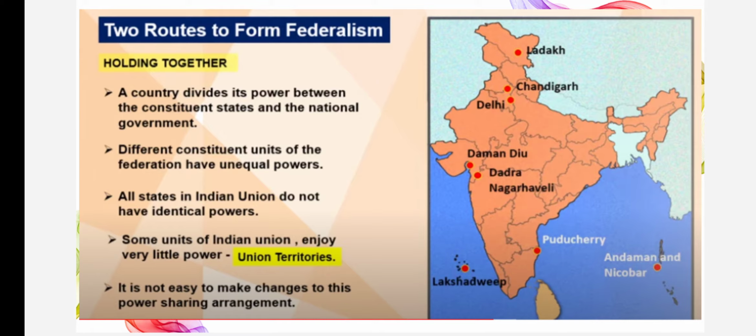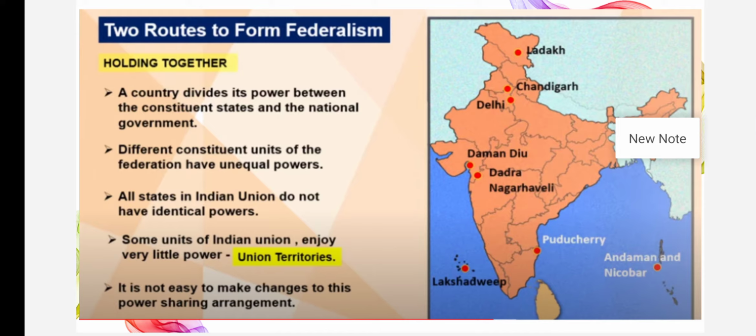Children, we have seen that a country divides its power between the constituent states and the national government. Different constituent units of the federation have unequal powers, and all the states in the Indian Union do not have identical powers. Some units of the Indian Union enjoy very little power, like the Union Territories.